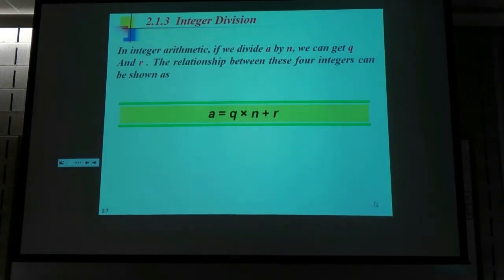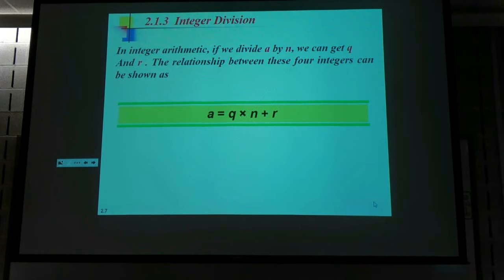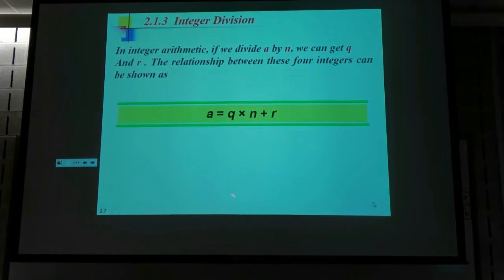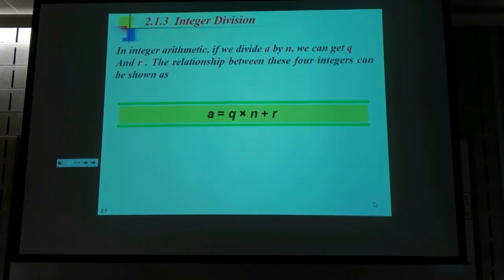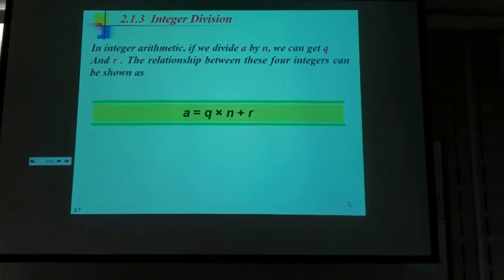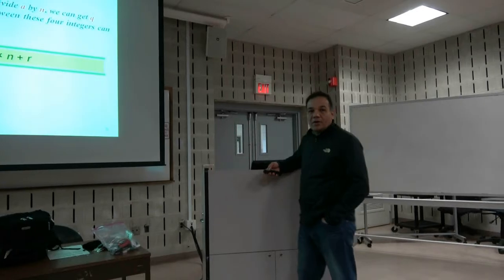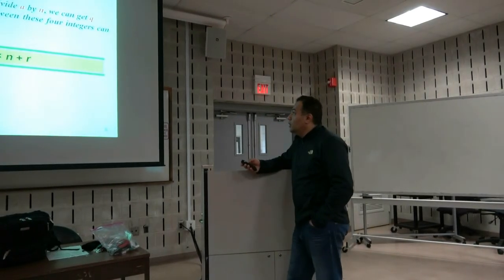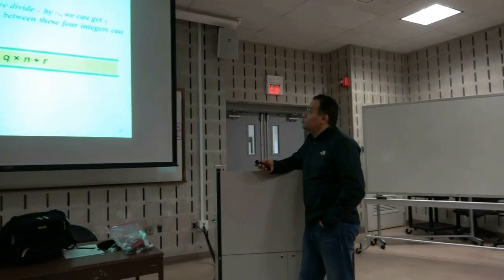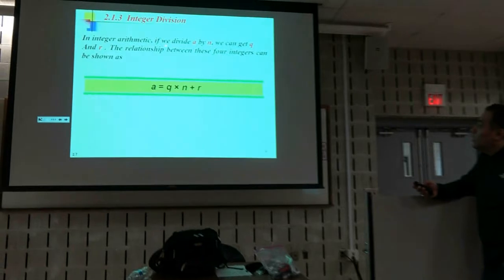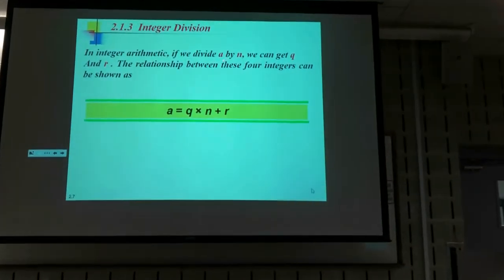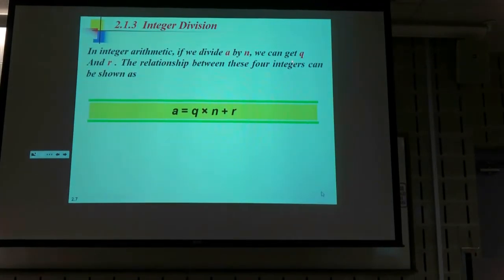All right. So the more serious stuff comes with integer division. Usually integer division does not necessarily give you one result. It gives you the result plus a remainder. In integer arithmetic, if we divide a by n, for example, we get a quotient and a remainder.